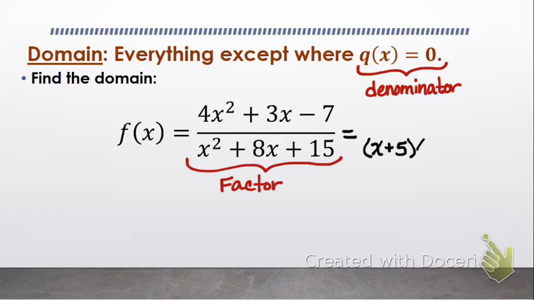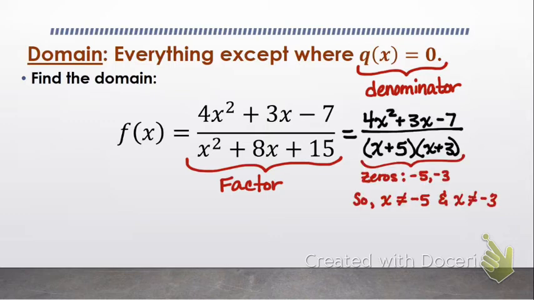So x plus 5, x plus 3. We're not worried about the numerator, so I'm just going to recopy that. So the zeros of my denominator then are negative 5 and negative 3, which means x can't be equal to negative 5, x can't be equal to negative 3. It can be any other value except those two.